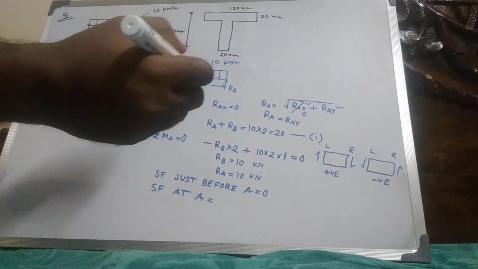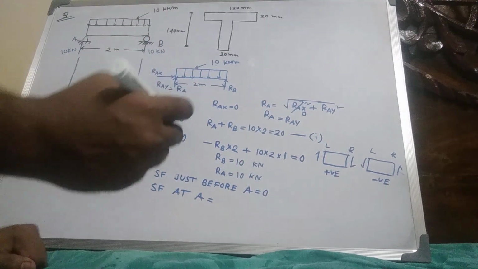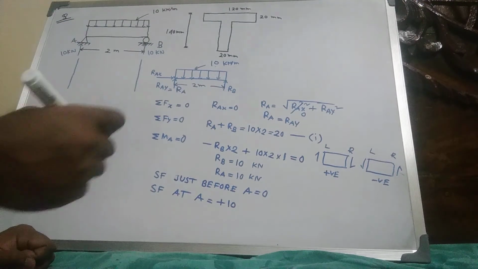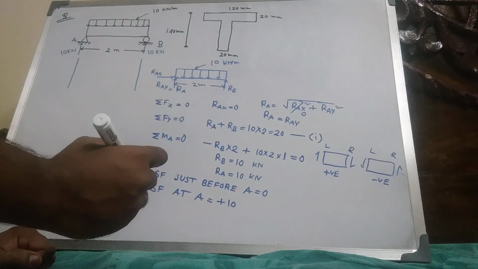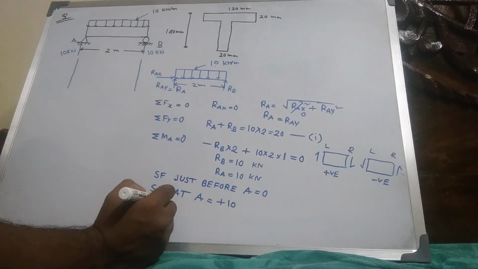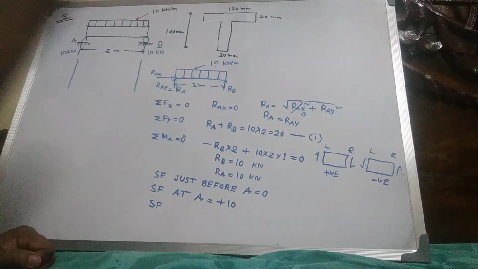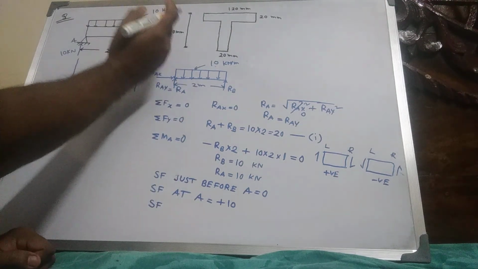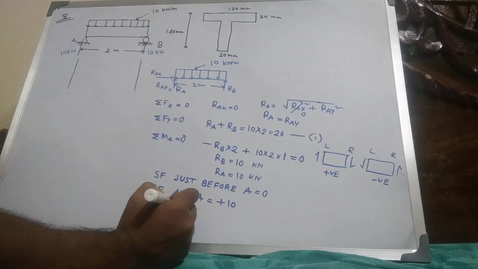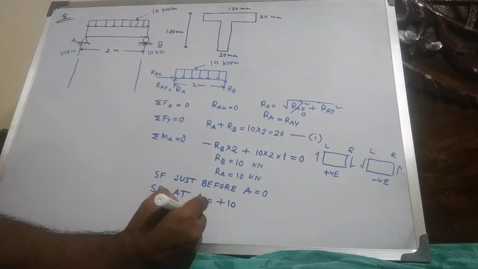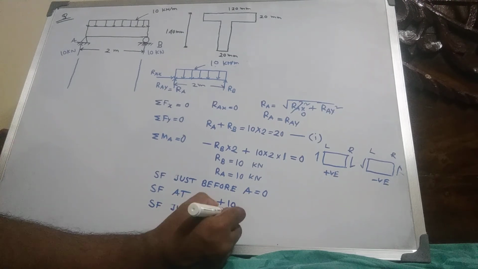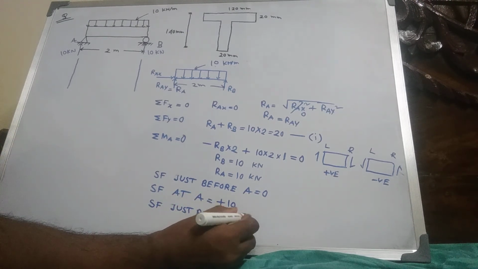Left side upward is positive, so plus 10. The shear force just before B, calculated from the right side, is 0.